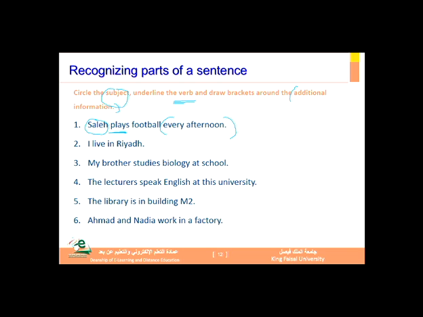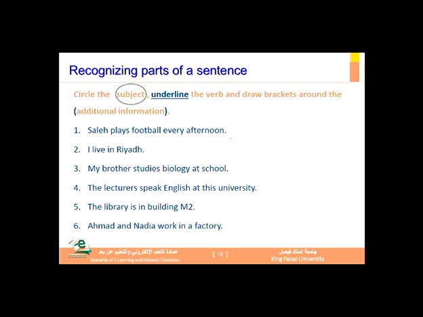We have a number of sentences. We are going to go through them. We indicate the subject. We underline the verb, and we use brackets to indicate the extra information. So let's start with the first sentence. Again, the subject has to be circled, the verb has to be underlined, and brackets for the additional information.